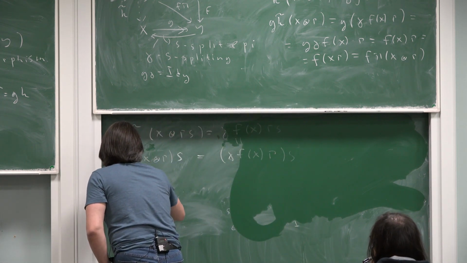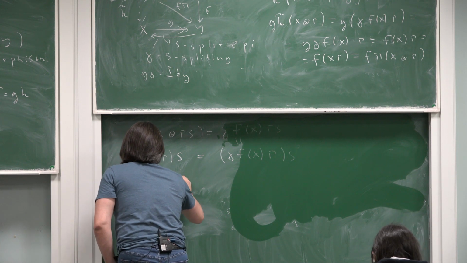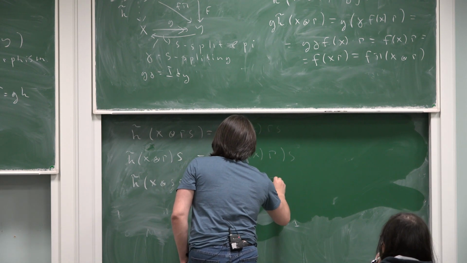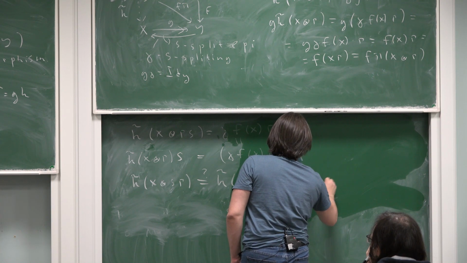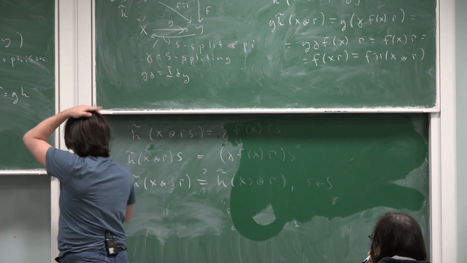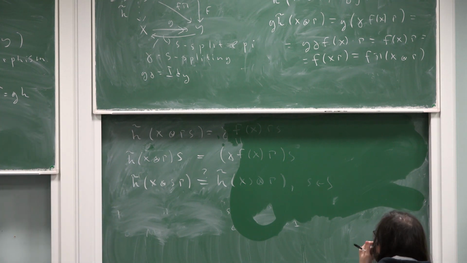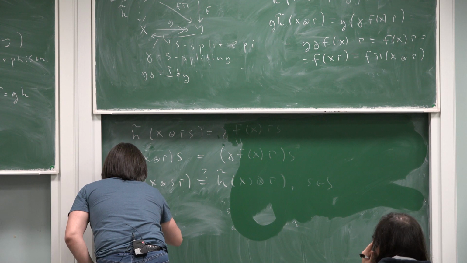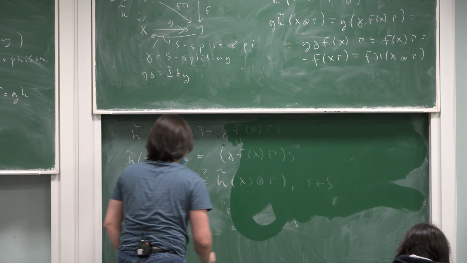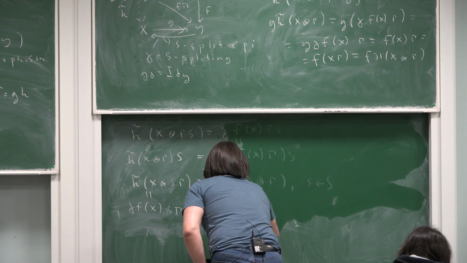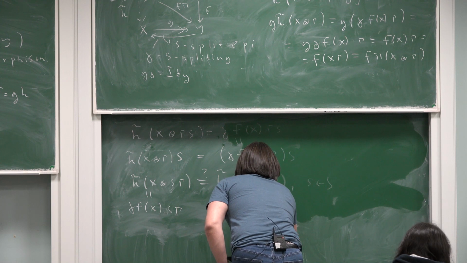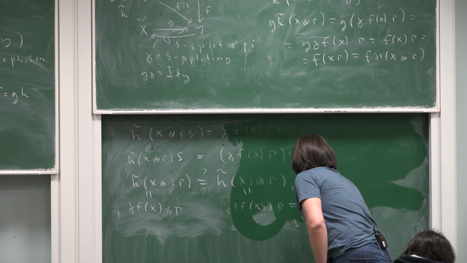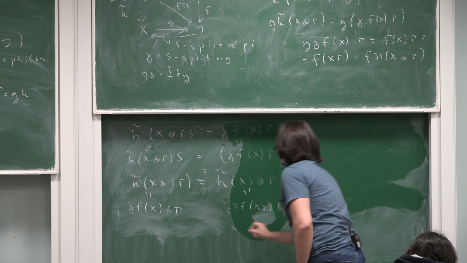H tilde of x tensor sr has to be equal to H tilde of xs tensor r for s from S. But this is gamma f of x s r, and this is gamma f of xs times r, but gamma and f are homomorphisms of S modules, so they're equal.